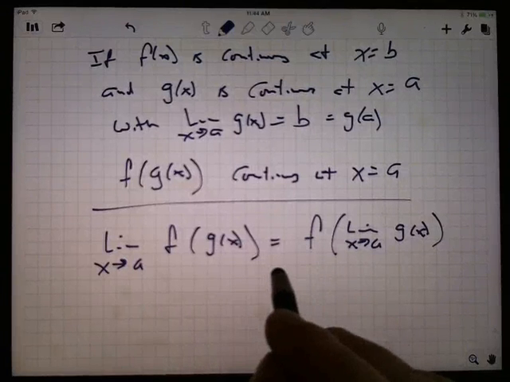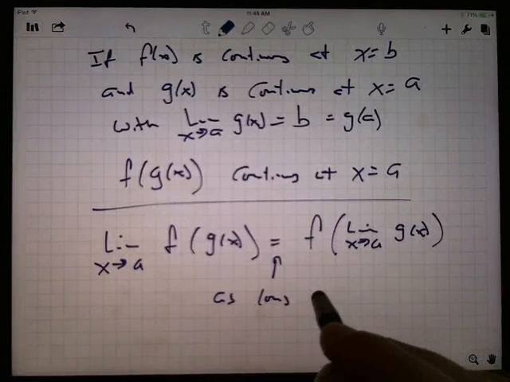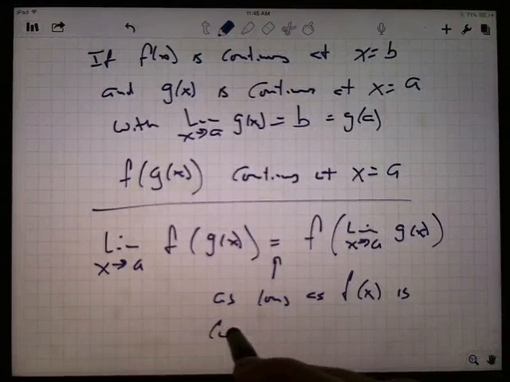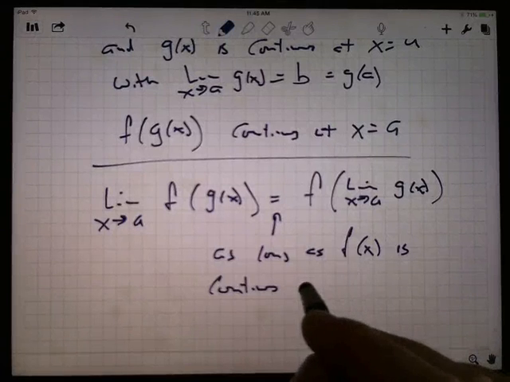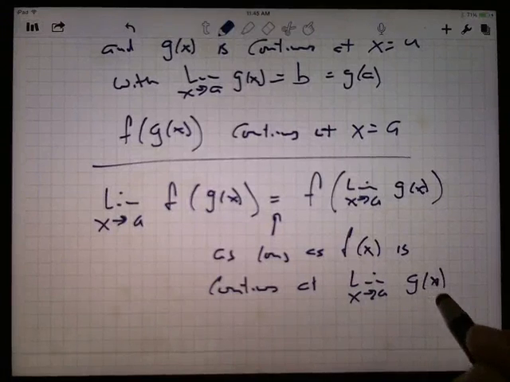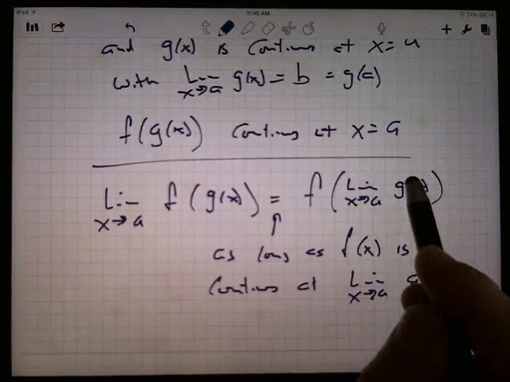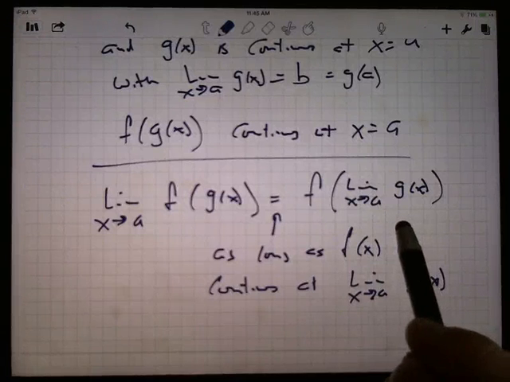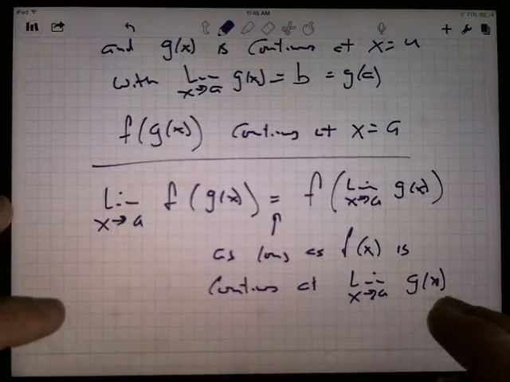I can do this as long as f is continuous at whatever this limit is. Now, g of x may not be a continuous function, but as long as this limit exists, and f is continuous at that point, then you can move this limit inside or outside of the function. In fact, I claim we do that all the time anyway.